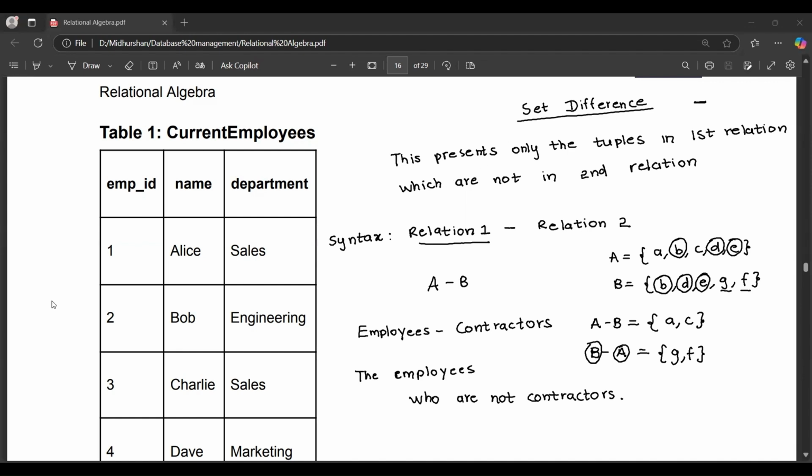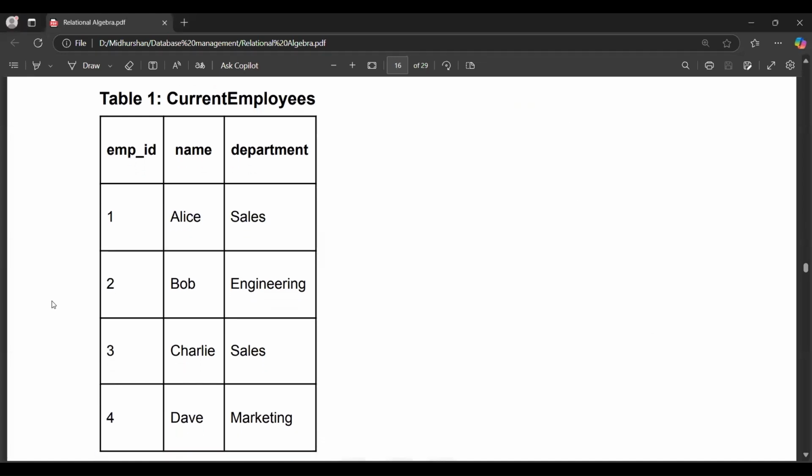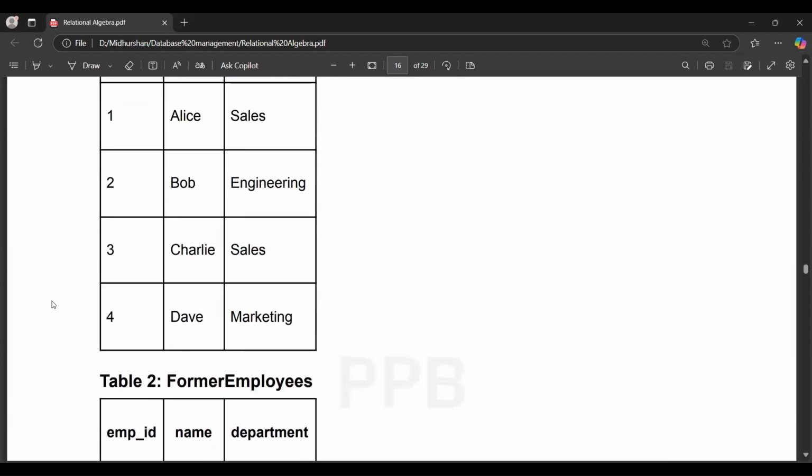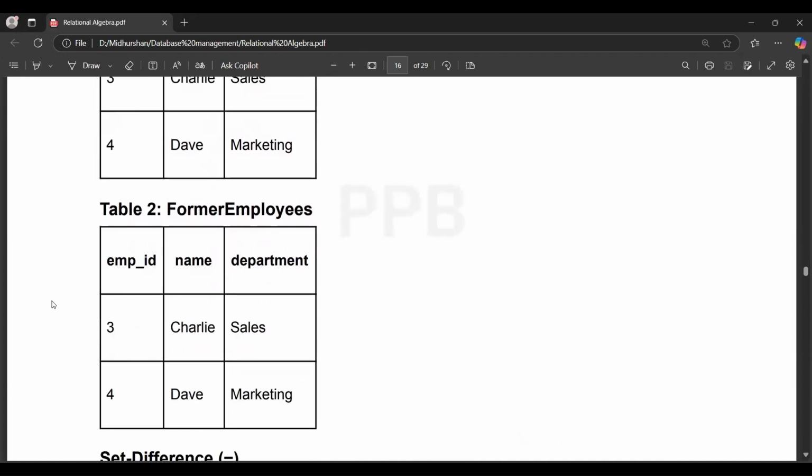Here there is a table called current employees, and there are 4 tuples: Alice sales, Bob engineering, Charlie sales, Dave marketing. And we also have former employees who have left the company, and they are Charlie and Dave, 3 and 4.